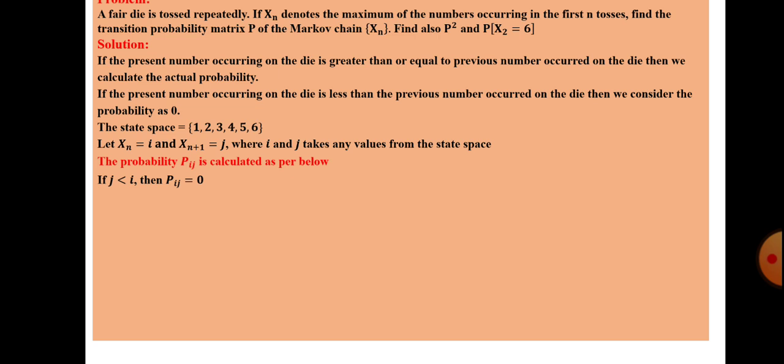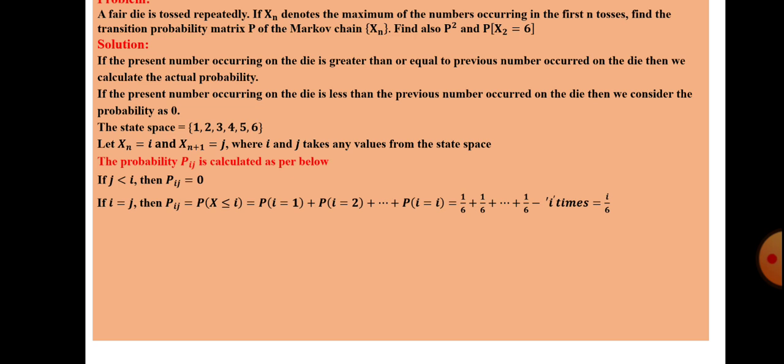That is what I told: the present one is 5 and the previous one is 6, then Pij probability is 0. If the present one is 5 and the previous one is also 5, then what are the chances? Probability of X less than or equal to i, that is, you will get 5, 4, 3, 2, 1.